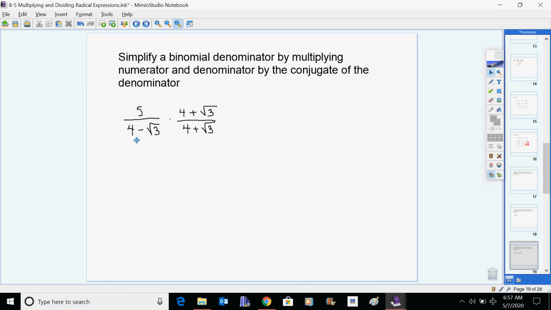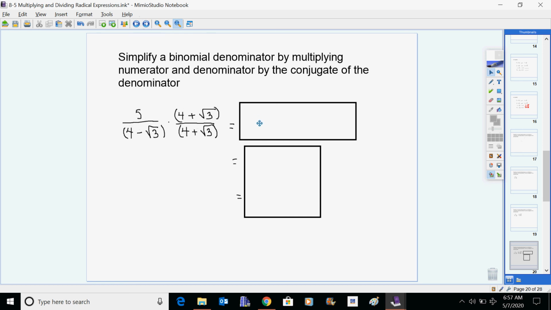You're always just looking at the denominator to cancel out in order to rationalize it. We don't really care about the numerator. So when we do this, the middles will drop and you'll end up with a nice integer in the denominator. You have to do numerator and denominator, so you're just multiplying by a fancy form of 1.